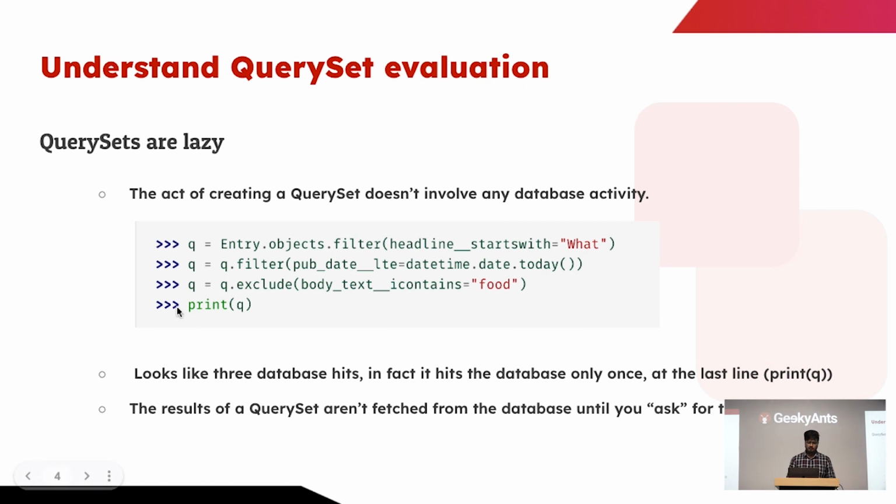Here, when the last statement is a print statement, the query set is not evaluated, and the SQL queries do not run on the database, until it encounters the print statement. Django says, okay, the syntax is all good, we are good to compile the first, second and third statements.